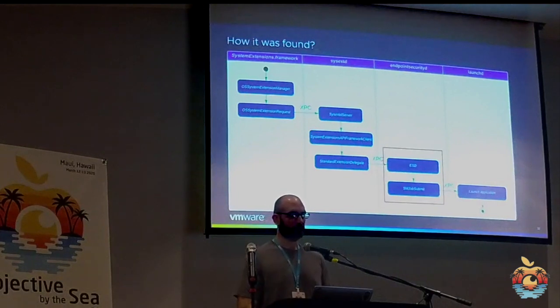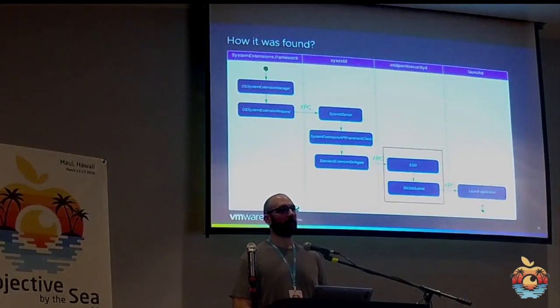Endpoint Security D is interesting though, because it is using SMJobSubmit. And again, this is the piece that's talking to LaunchD. So as a regular application running as a regular user on a system, you can't tell LaunchD to run something. But Endpoint Security D does have the proper entitlements and permissions to do that.